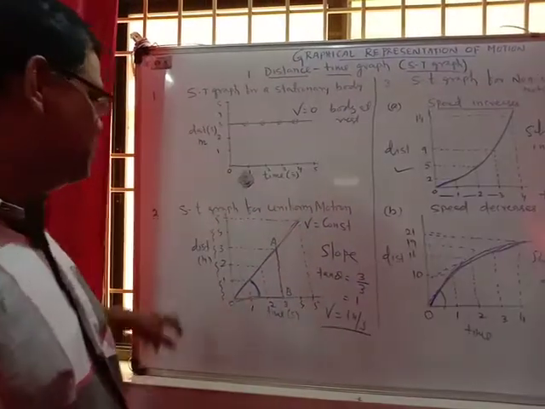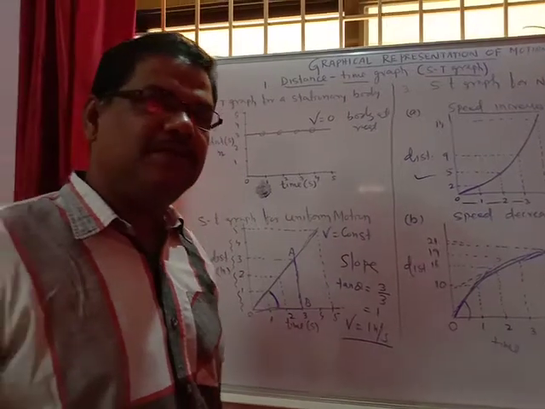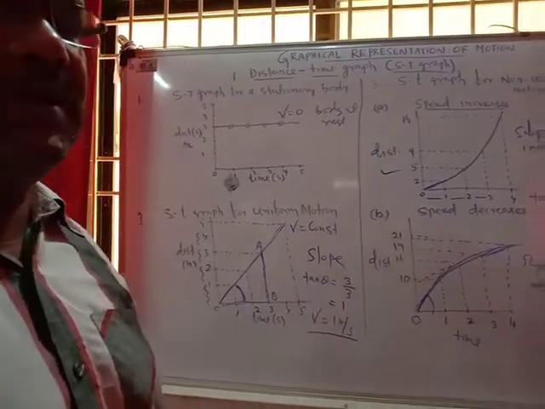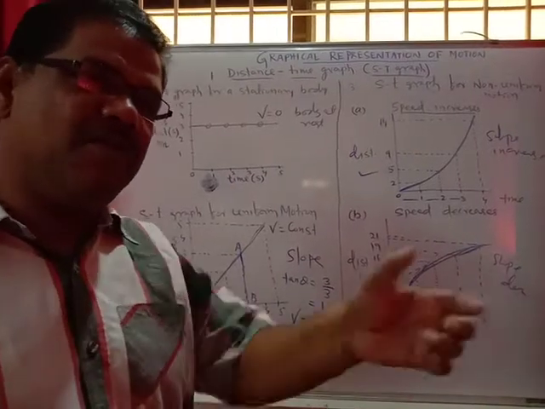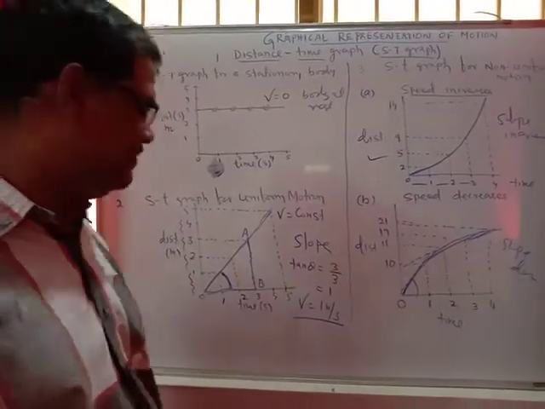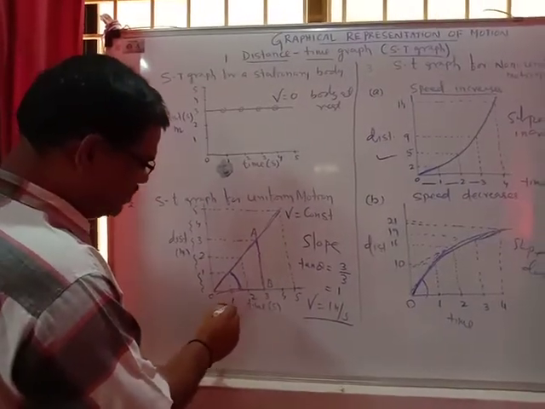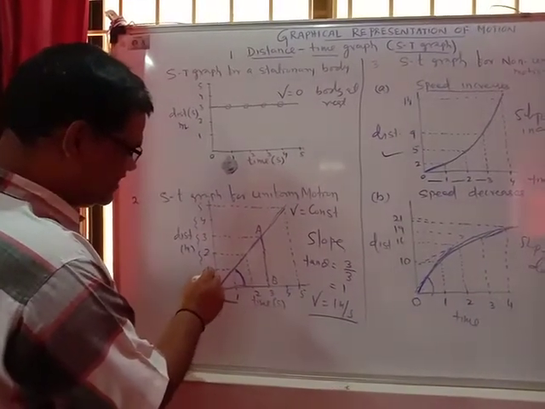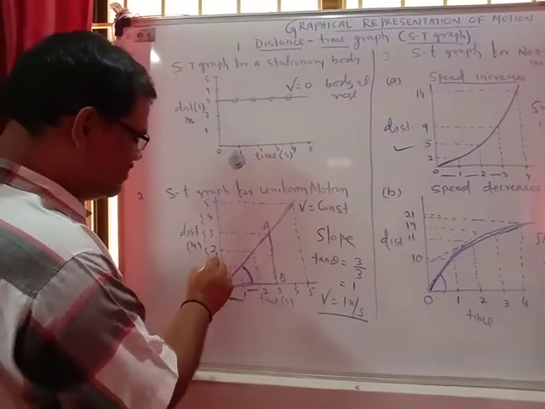Second case, you come to the ST graph for uniform motion. What is uniform motion? The motion of a body is said to be uniform if it travels equal distances in equal intervals of time. So in this case, suppose the interval of time is 1 second and the distance interval is 1 meter. Another interval of time, the distance gap is 1 meter.